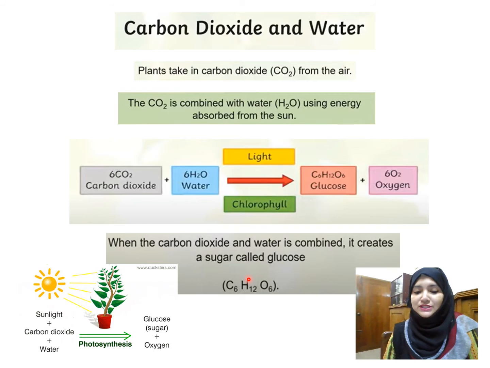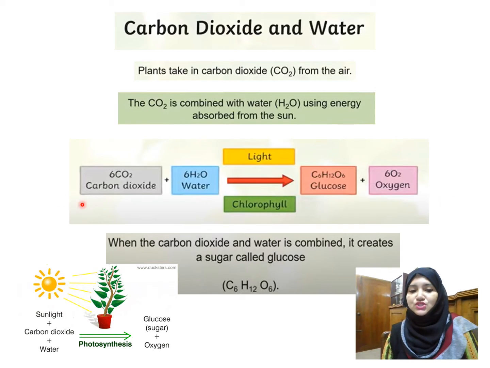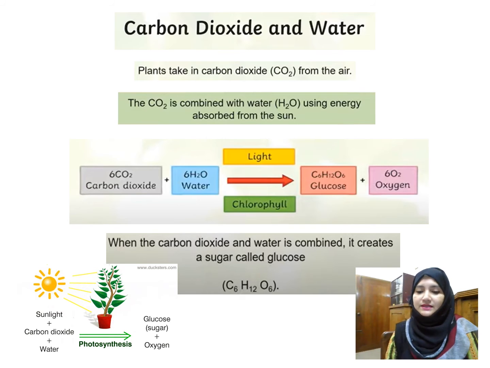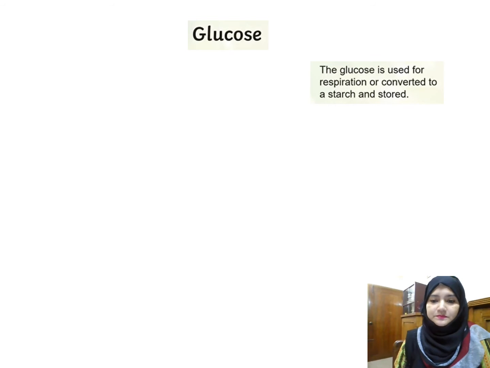You don't need to remember or memorize this. Okay, and this is our photosynthesis reaction. This is the chemical change which happens during the photosynthesis process in plants. And now about glucose.